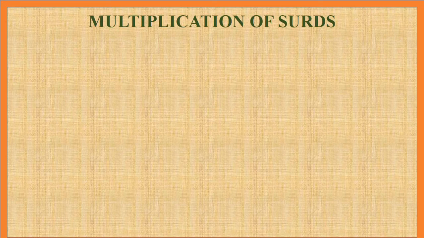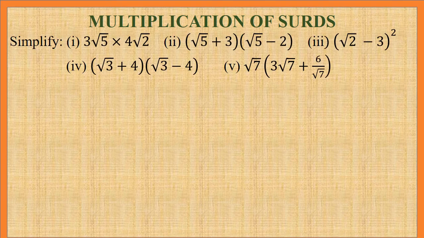Let's now look at how to multiply surds. And we'll look at that with examples. For example, when we are asked to simplify the following surds, let's take the first one. We have 3 root of 5 multiplied by 4 root of 2.